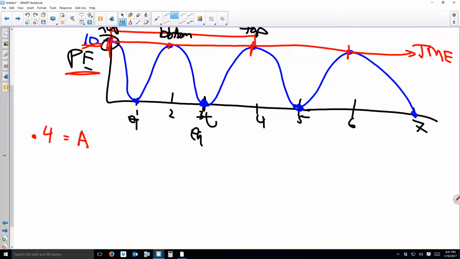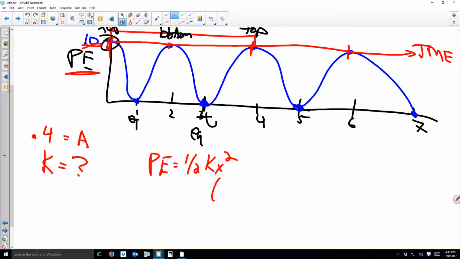The equation that relates potential energy to spring constant is potential energy equals 1/2 kx squared. I don't know all of my x positions. I can't just pick any x, but it did give me 0.4 as my amplitude, and that is a displacement. I can use that in this equation.